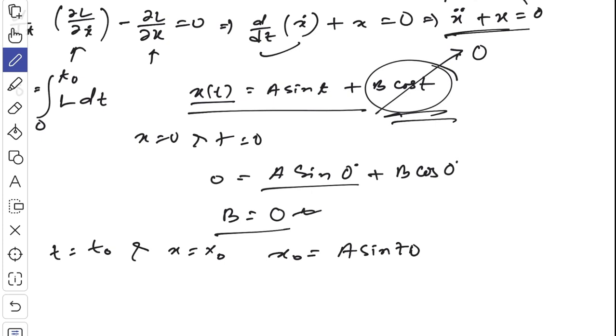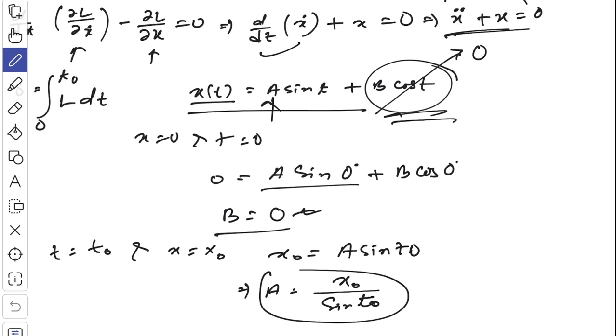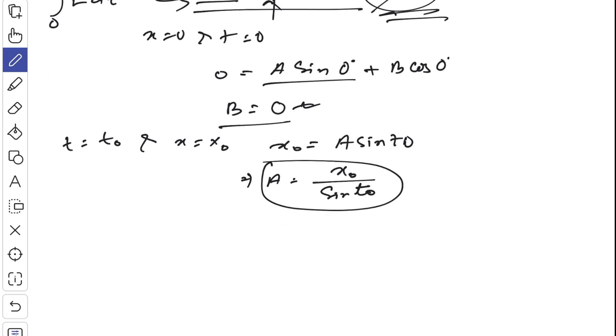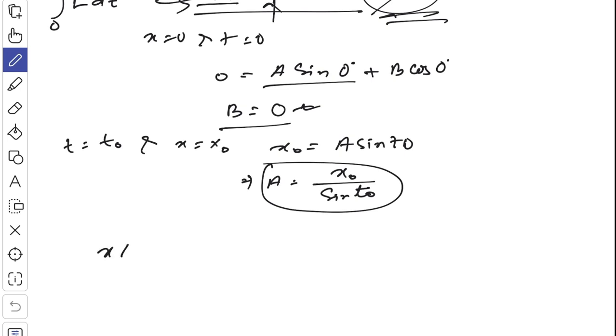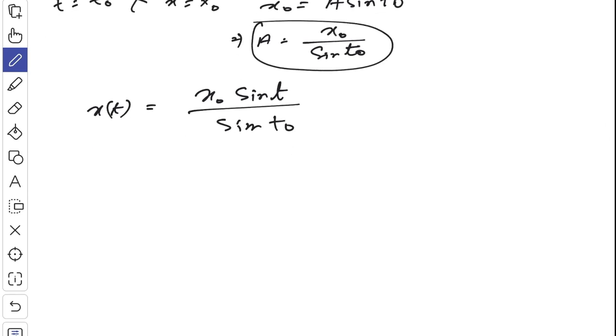So here the value of a will be x naught by sine t naught, isn't it? Now instead of a, we are going to use this value. So from this relation we are going to have x of t is equal to x naught sine t by sine t naught. We have got this.